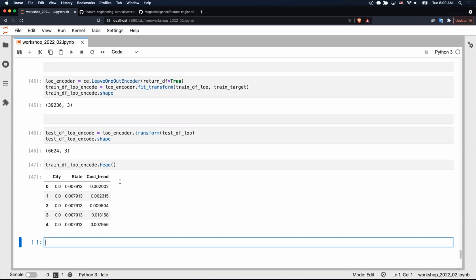So if I have cost lag 4 and I've imputed missing 0, whatever it is, I'm going to create a cost lag 4 missing variable that's 1 if I replaced a missing value and 0 if I did not. The reason I'm doing that is that the missing value may be more important to the model than the actual value itself. So we handled that.